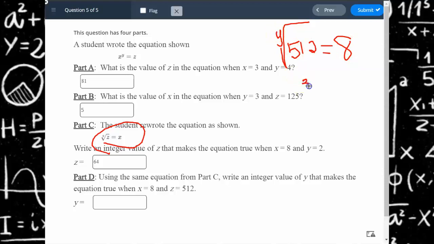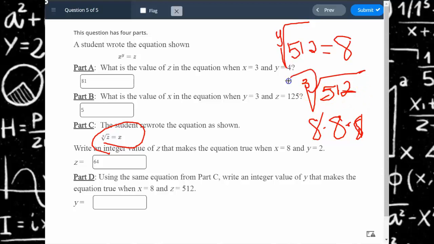So let's try 3. That would be the cube root of 512 equals 8. That means 8 times 8 times 8 must be 512. If you go and check that, it is indeed true. 8 cubed is 512, meaning the missing value y has to be 3. The cube root of 512 is 8.